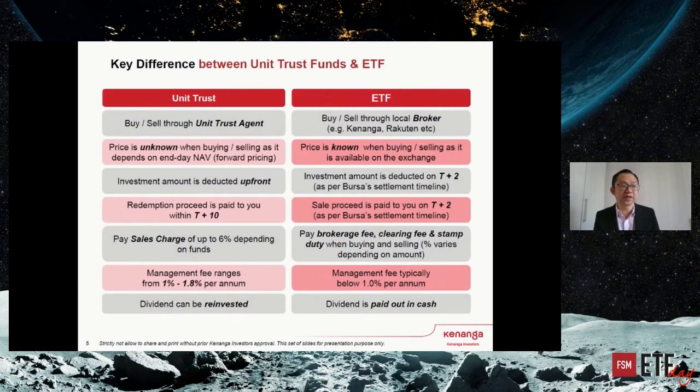And for unit trust, the investment amount is paid upfront, meaning you need to pay first, then they will do the creation. While for ETF, it is T+2 standard settlement timeline for Bursa. And also one very, very important difference is that most unit trust funds charge sales charges of up to 6%, meaning when you enter into a unit trust, you have already paid a 6% fee. You already, quote unquote, lose 6%, right?